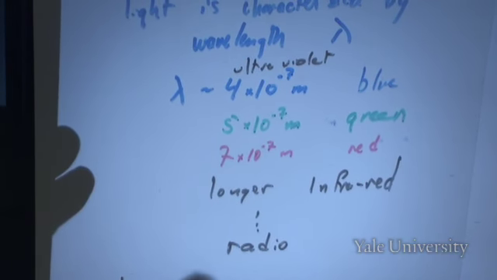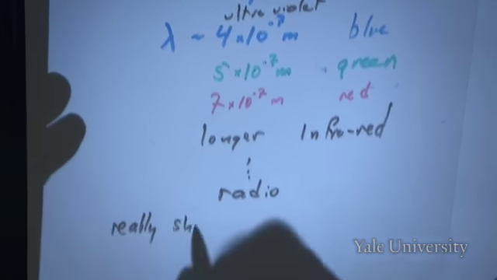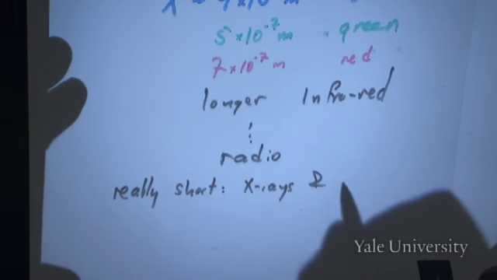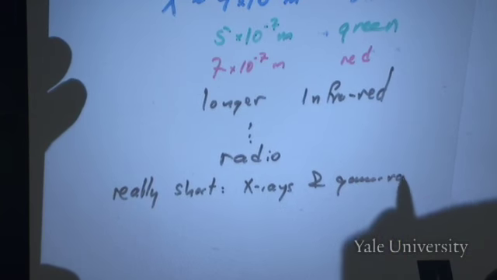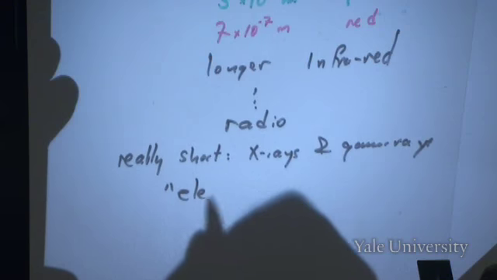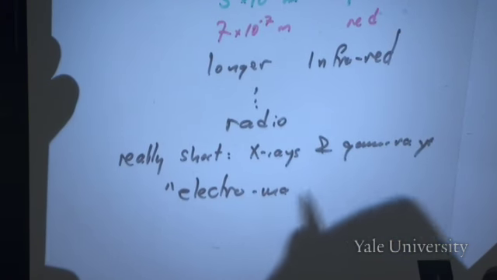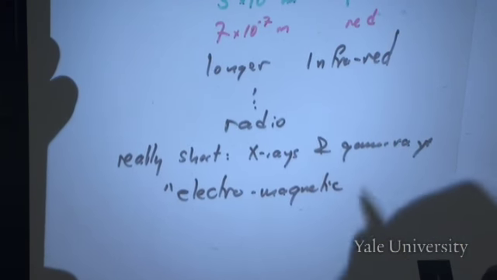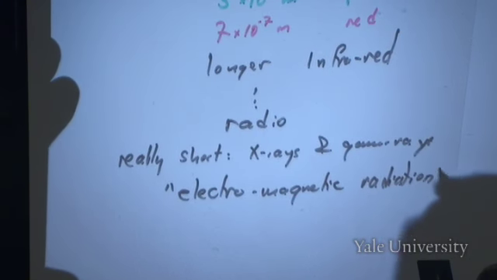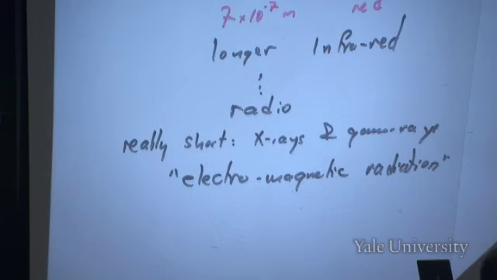And if you have really short wavelengths, those are X-rays and gamma rays. So all of these kinds of radiation are basically the same thing, called electromagnetic radiation. And again, there's a help sheet. These are all electromagnetic radiation, and what kind of radiation it is depends on the wavelength.